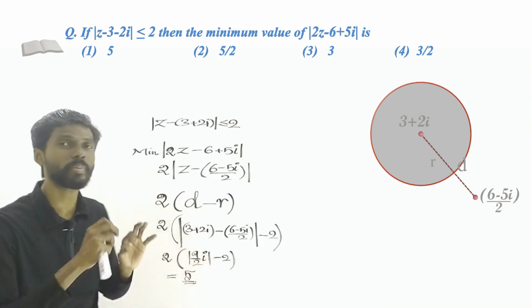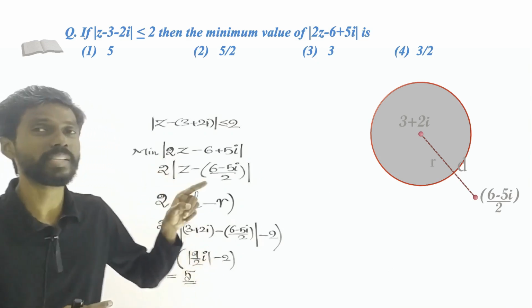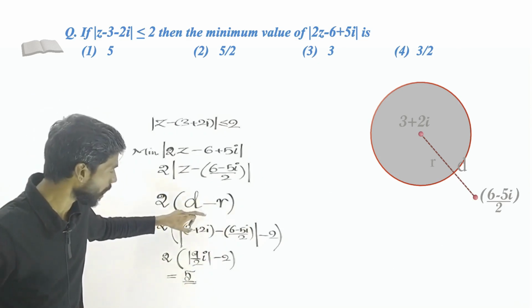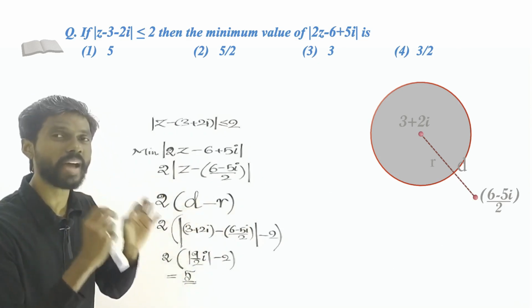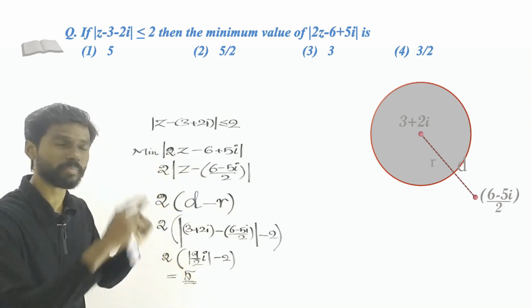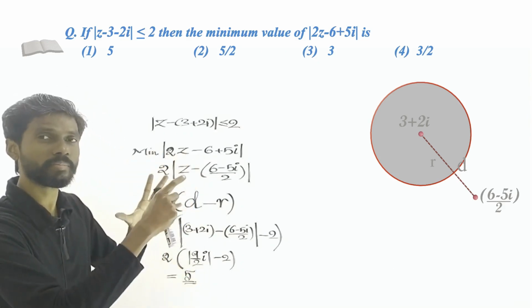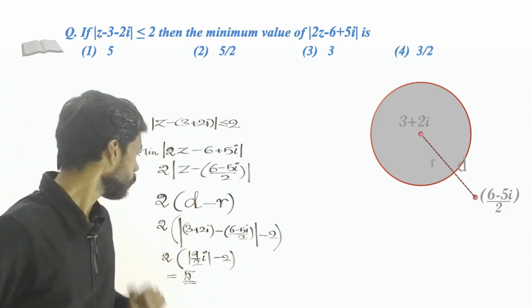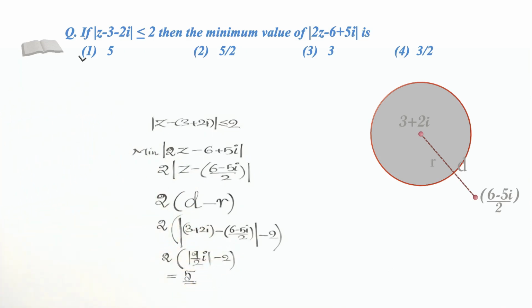If this value happens to be negative, that means the point is inside the circle, then it is different, and that is not the answer. But here this value is positive, so we know the point is outside the circle, and that is the correct answer. From the point to the center, find the distance, subtract the radius, and we get our required distance. Alright, so that is the answer, 5.